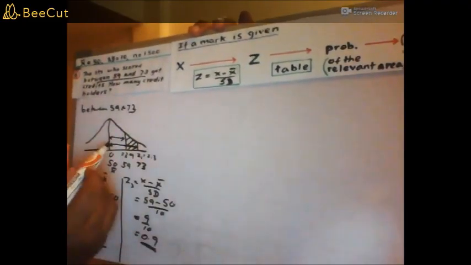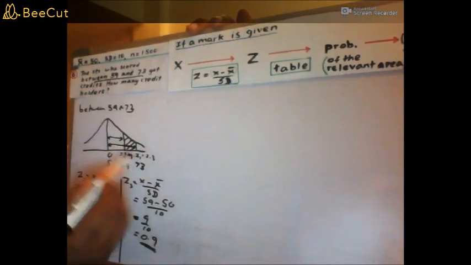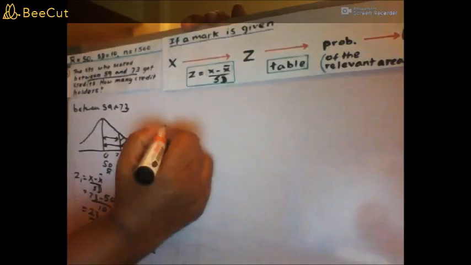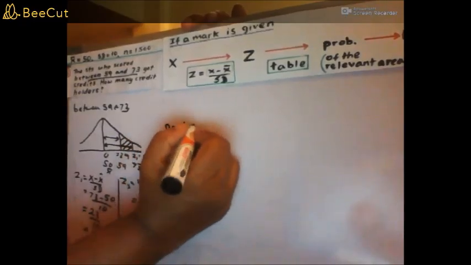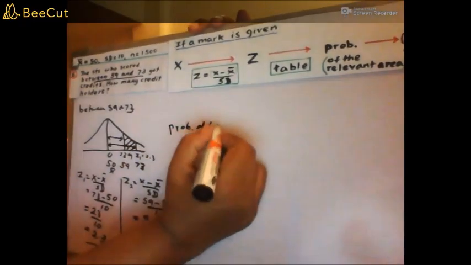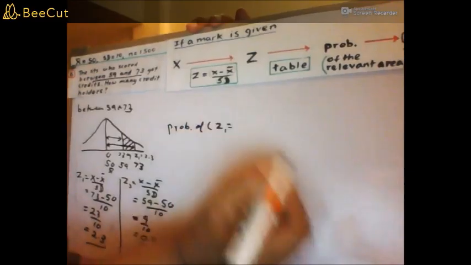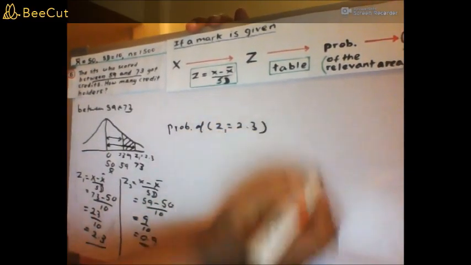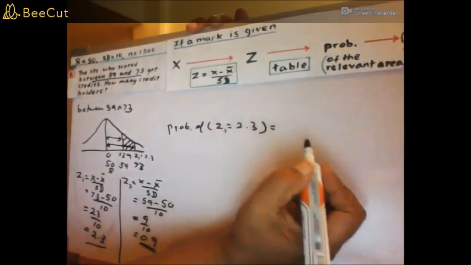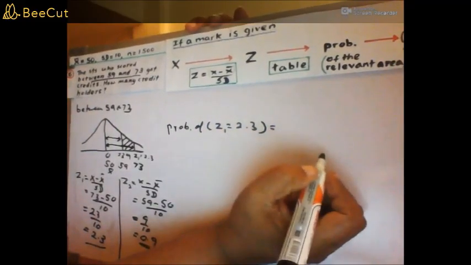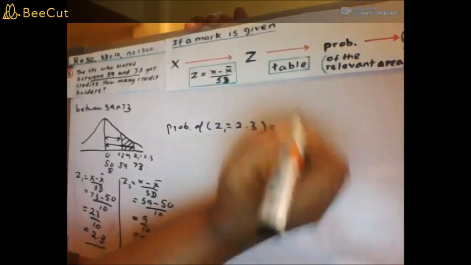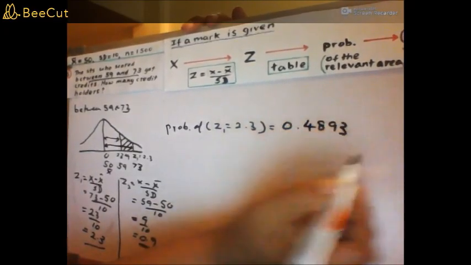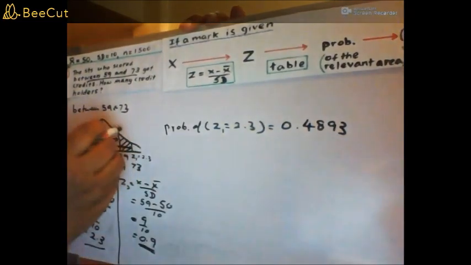Probability of the first, what is the first one? Z1. Probability of Z1 equals 2.3. What is that probability? 2.3 gives 0.4893. You can write it here also, right?